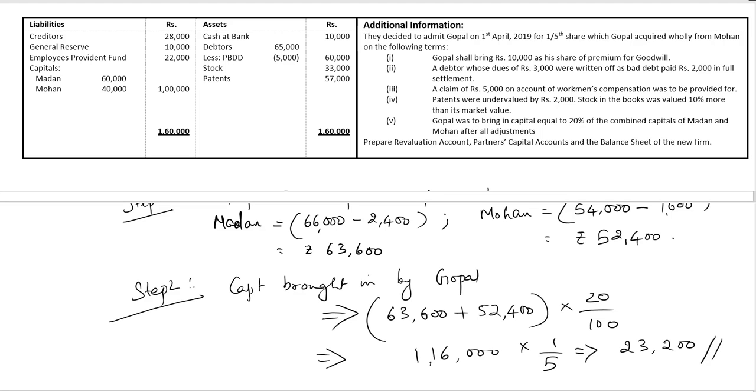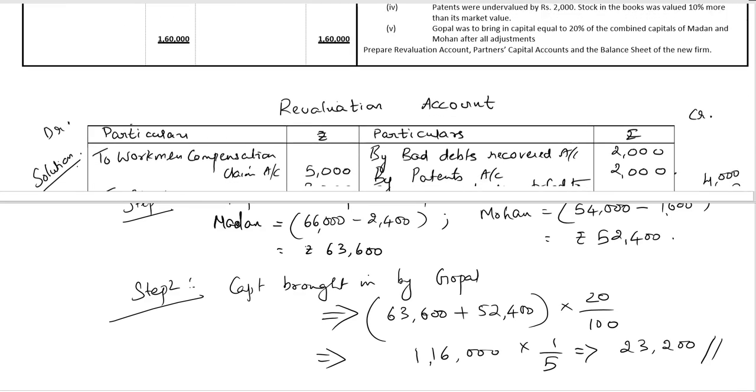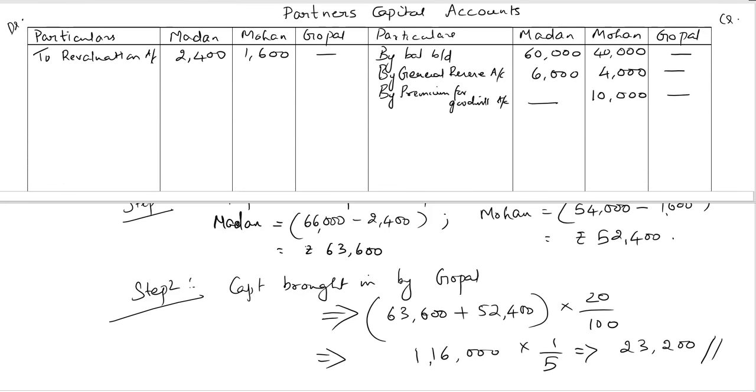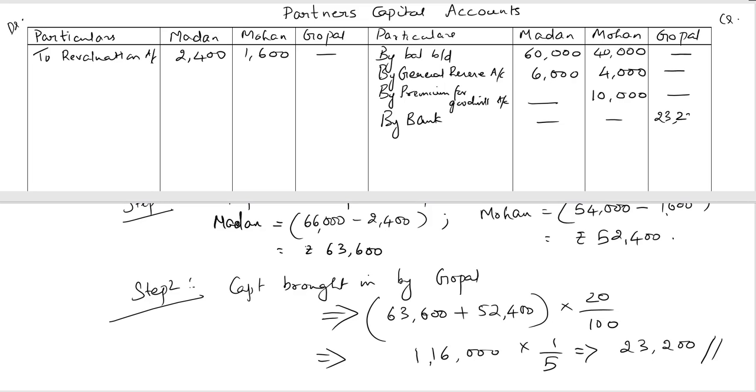So let's insert this in the partners' capital accounts. By bank, $23,200. We'll balance the accounts.